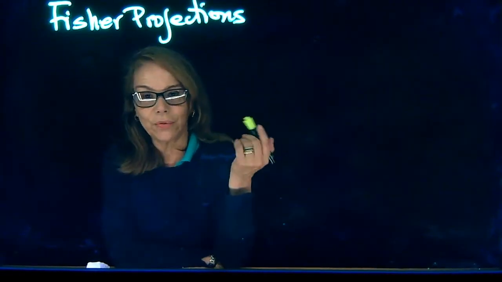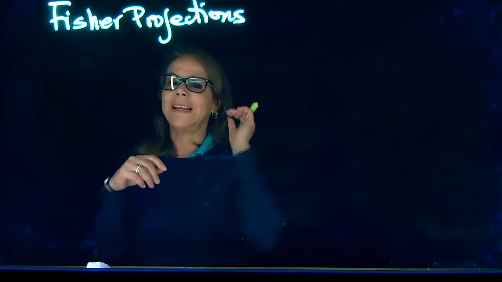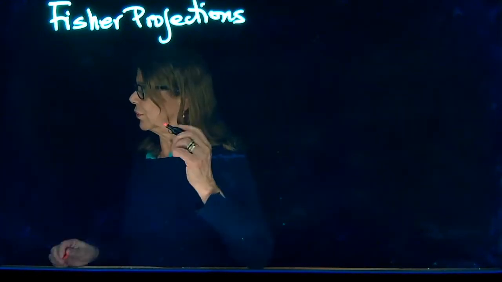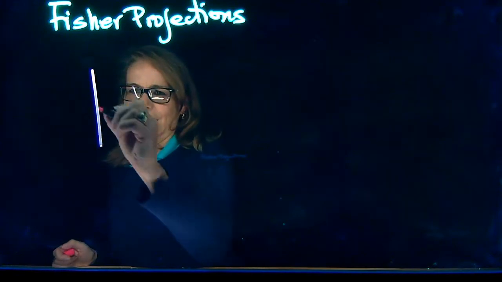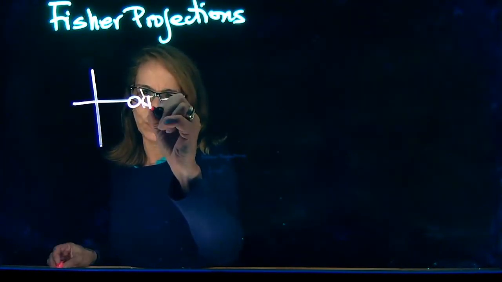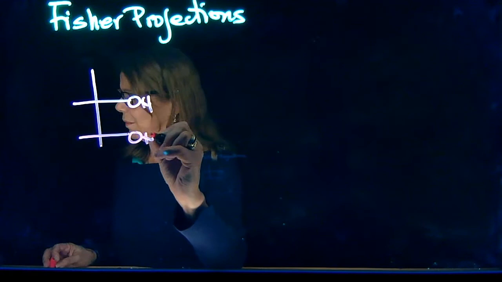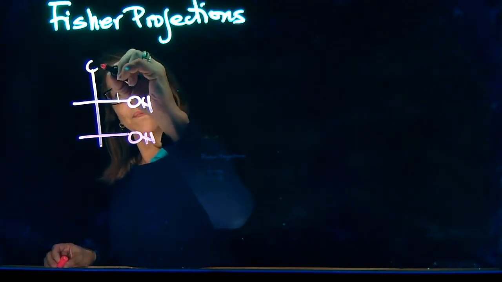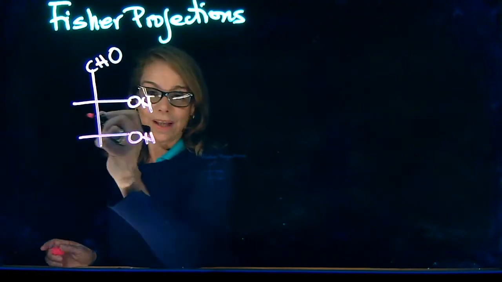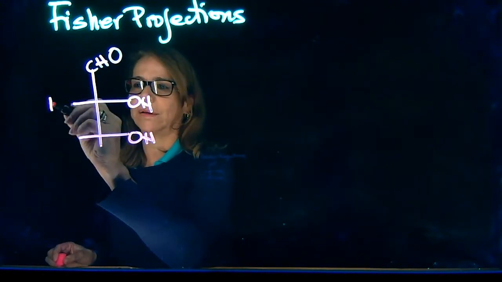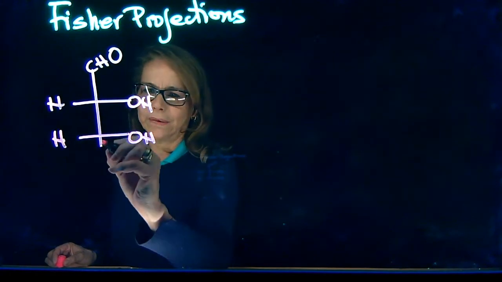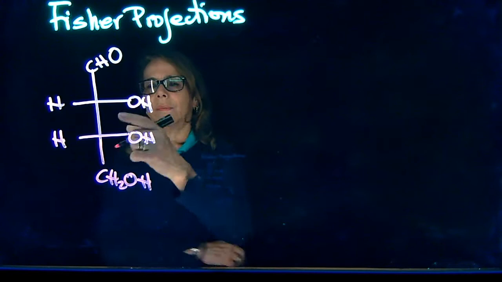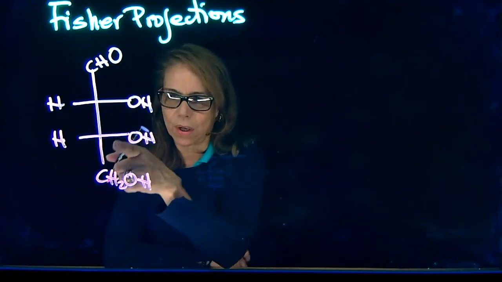Let's do molecules with more than one chiral center in Fischer projections. So now I'm going to keep drawing polyhydroxyaldehydes or ketones. That's the condensed way to write an aldehyde formula, and I'm going to write here HO, and that will be a molecule with two chiral centers, 1, 2 here.